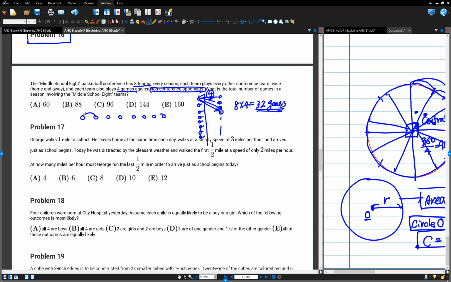So anyway, this is team A. 1, 2, 3, 4, 5, 6, 7 times, but each game is 2. 7 times 2 is what? 14 games, isn't it? With 8 teams. Is it okay? This first team has 14 games inside the conference.